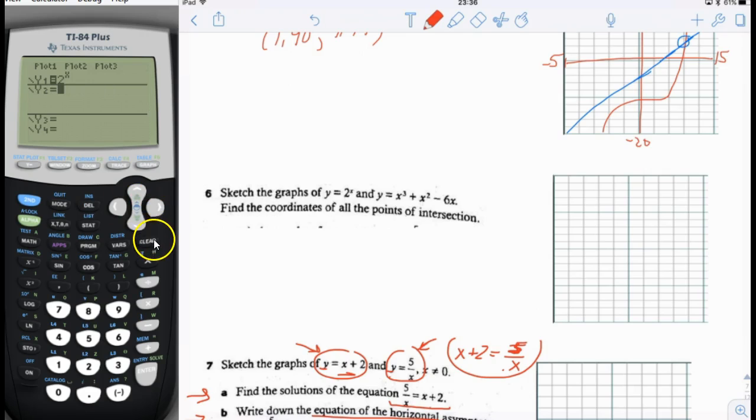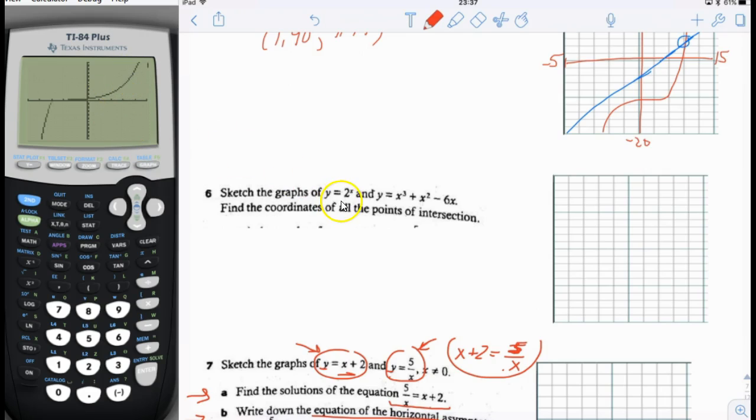Okay, let's just clear this. Start over. Okay. We're going to find the coordinates of intersection. Let's see what the graph looks like.